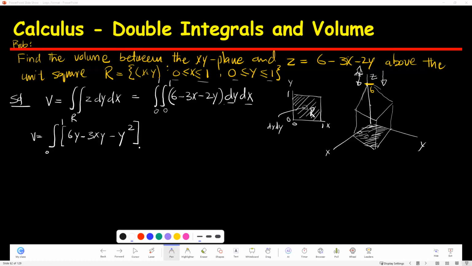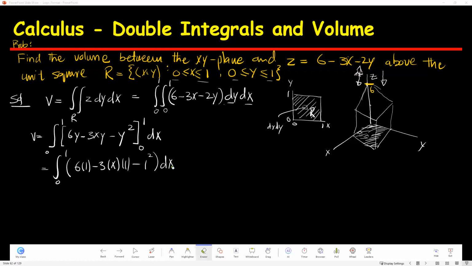I close this parenthesis, apply the limit, and leave the dx outside. Before I do anything, I have to substitute the limit. So it's going to be 6 times 1 minus 3 times 1 minus 1 squared, dx.